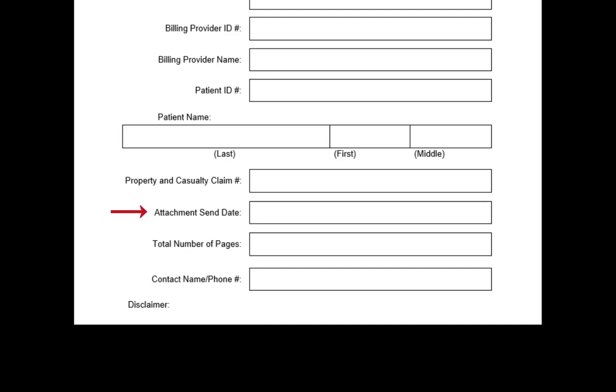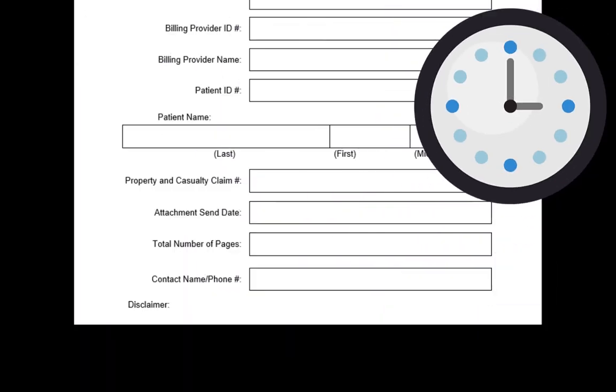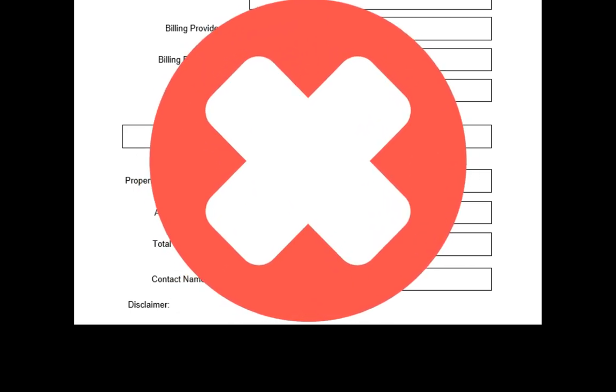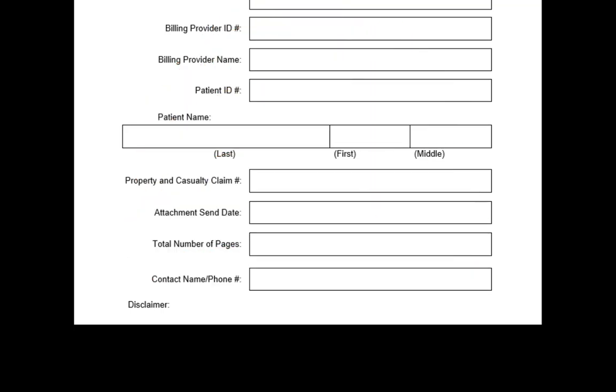For attachment send date, we will enter the date that we are faxing the attachment. Providers must send the attachment by the end of the next business day after submitting the electronic claim. MHCP will deny claims that do not include an attachment by the end of the next business day.